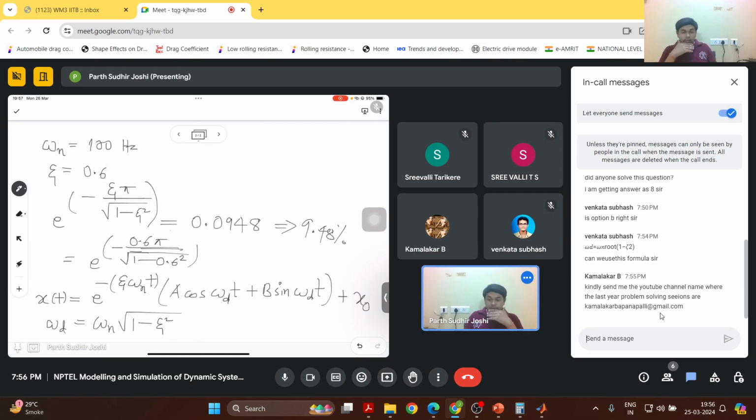So using this we can get the total response, and then we have to add the initial conditions, that is, the displacement x is 0 at time t equal to 0, and the derivative is also 0 at time t equal to 0.